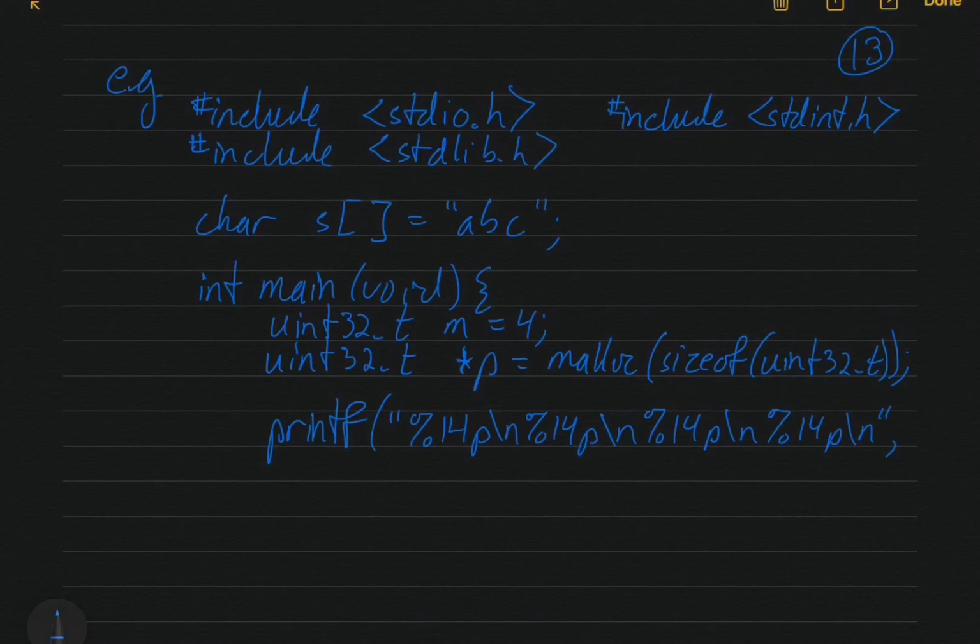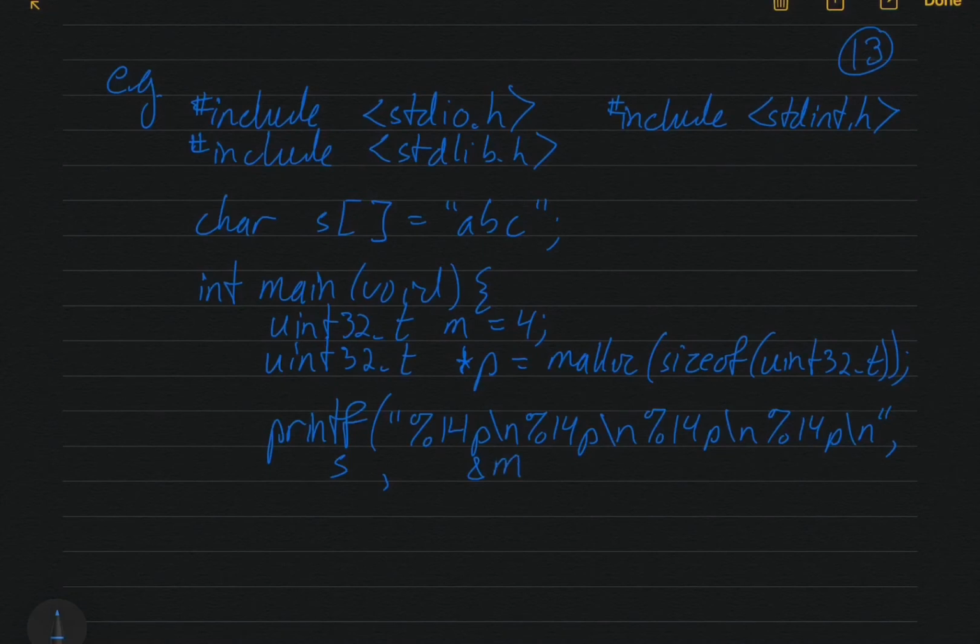And now I've got 4 pointers that I want to print. Remember I told you that the array identifier is actually a pointer, in this case a character pointer. So I can just pass it s, and I'm just going to leave a little space between these so that I can write underneath them.